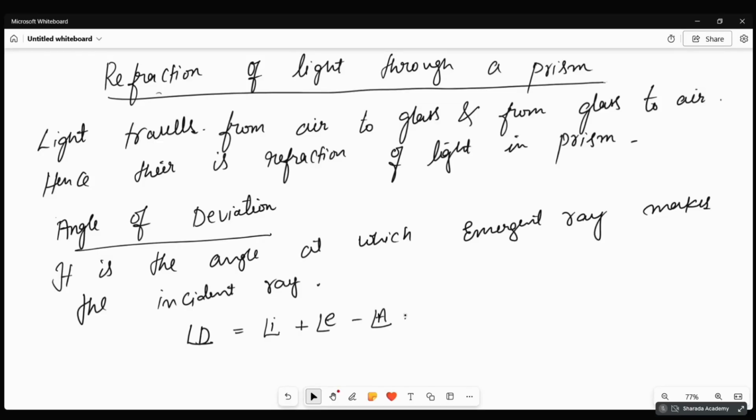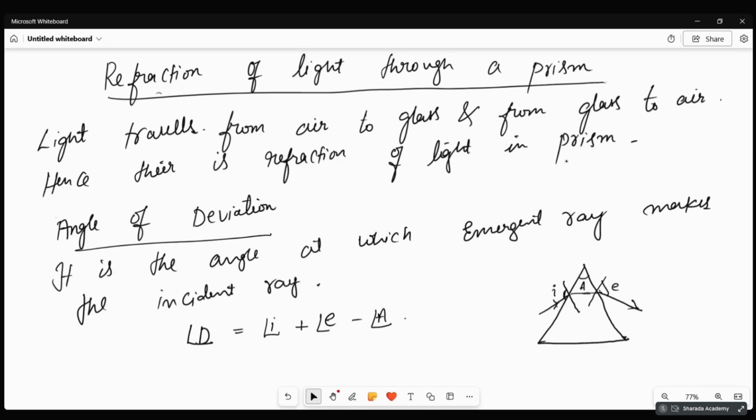This will be this function written. Now, this is angle of prism.